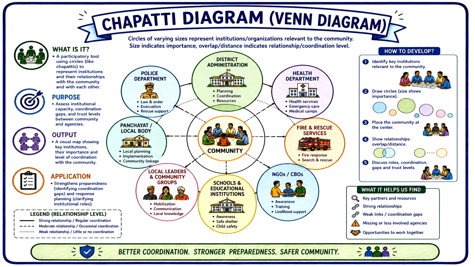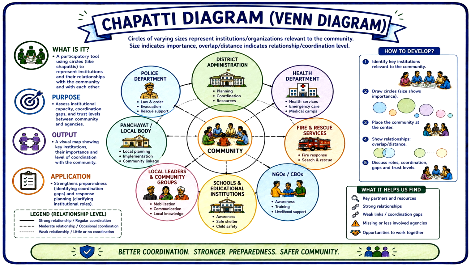The distance and overlap between circles show the level of interaction, coordination, influence, and trust between the community and these institutions. The diagram helps identify key stakeholders, available support systems, coordination gaps, and weak institutional linkages.